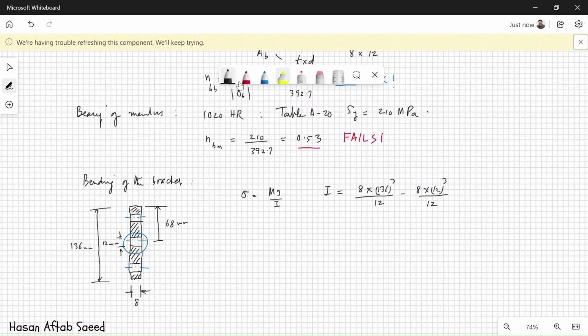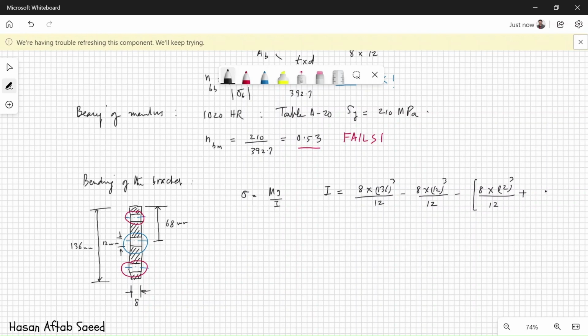But when it comes to the other 2 holes, this one and this one, because their centers are displaced from the centroid of the whole structure, therefore we need to use the parallel axis theorem. So taking the upper hole, we will have to subtract 8 into 12, but we need to employ the parallel axis theorem, and the parallel axis theorem is simply A into d square.